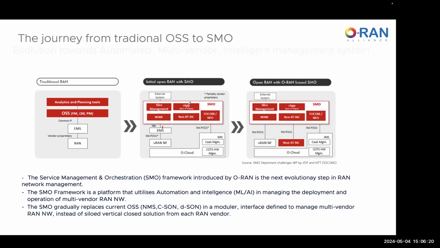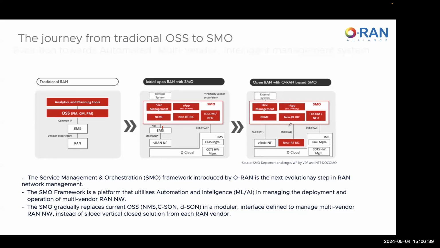The non-real-time RIC is coordinating this between the rApp and the network, as if it is the guy who translates and manages all these ideas, and then inserts the new configuration parameter or command to the EMS.